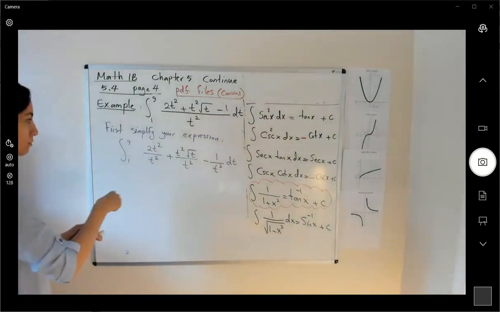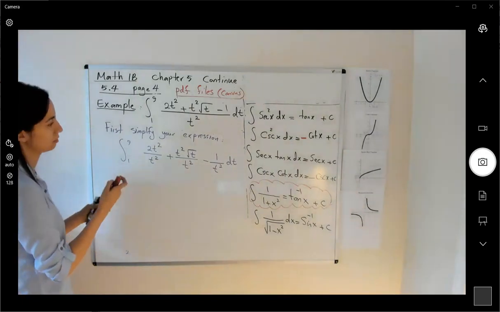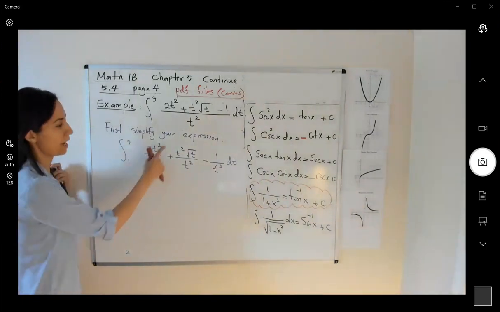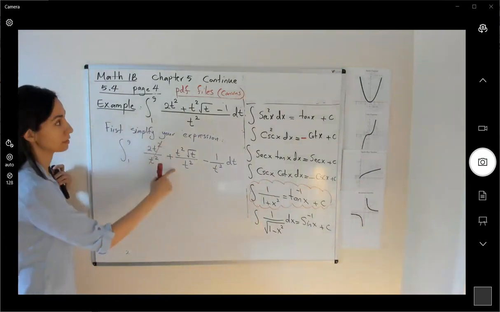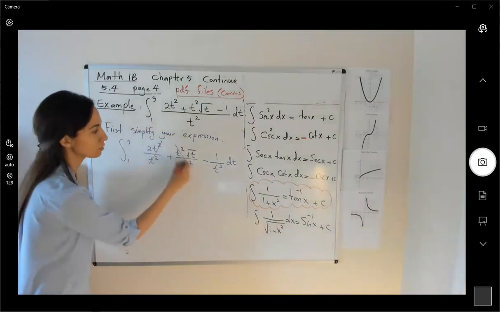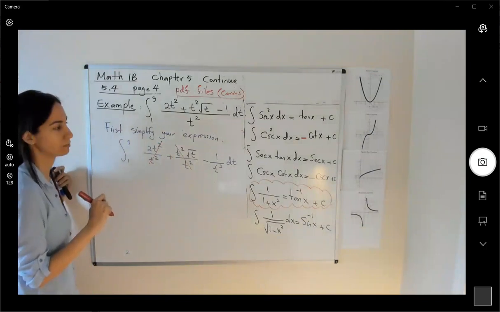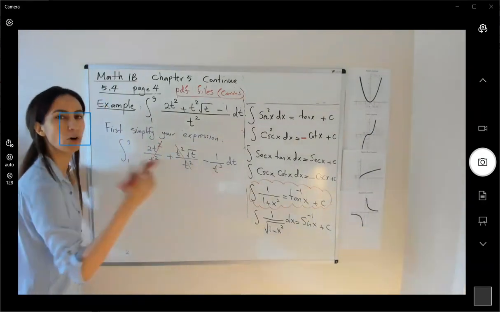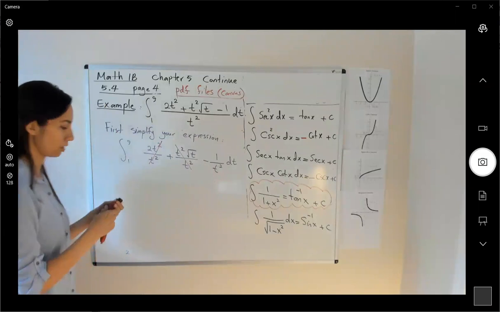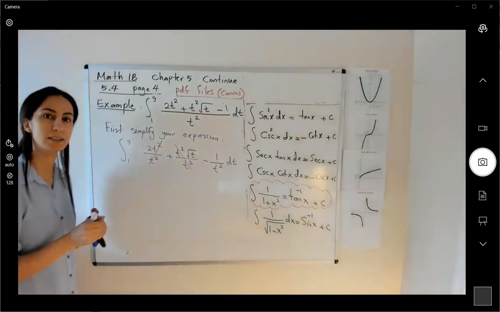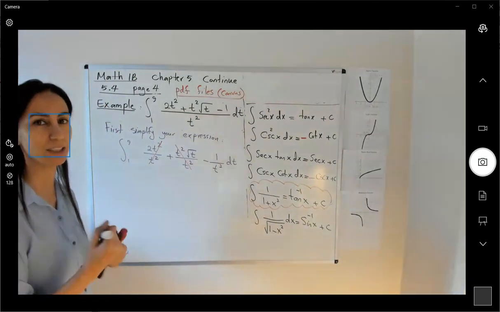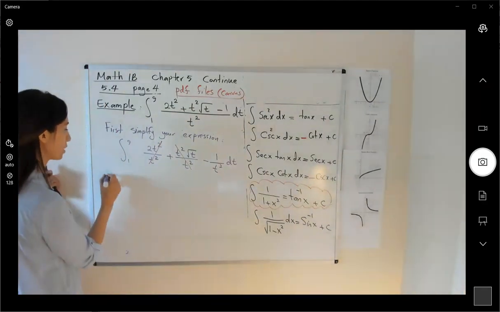So the first term has t squared and t squared. We can cancel them out. The second one has also t squared divided by t squared. The last term is 1 over t squared. Very good. So we made it very simple. It helps us to calculate the integral much more easily.